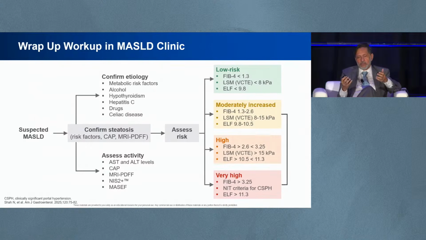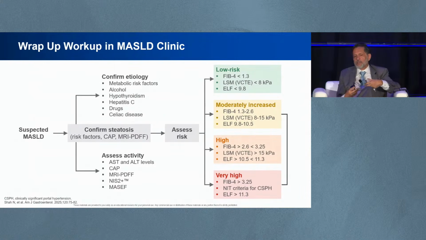The second piece is then deciding how you confirm steatosis if they come in with abnormal liver enzymes. The CAP is actually very good for saying yes, you have excess fat in the liver. Maybe not so great for differentiating the severity of fat, for which MRI-PDFF is clearly the reference standard from a non-invasive perspective.